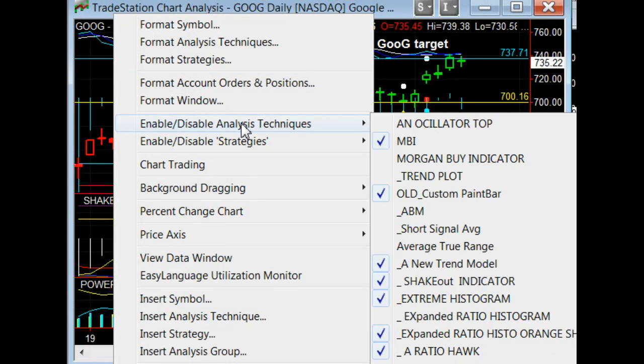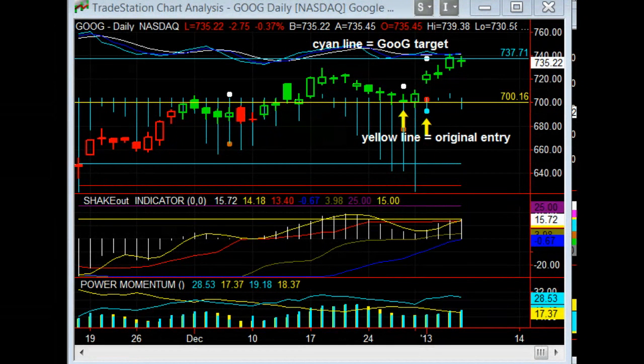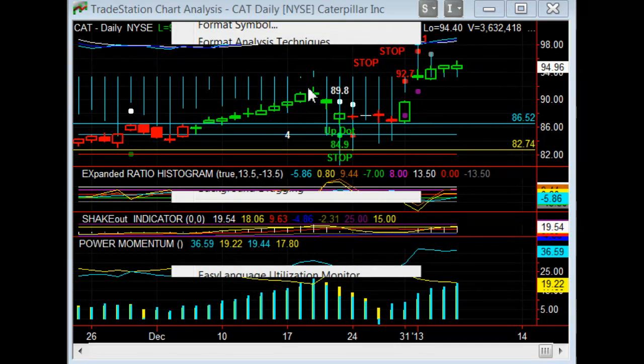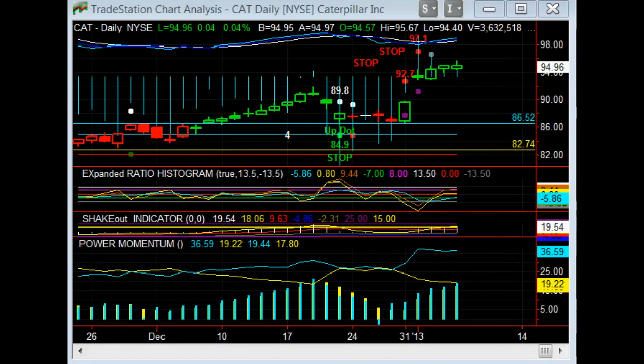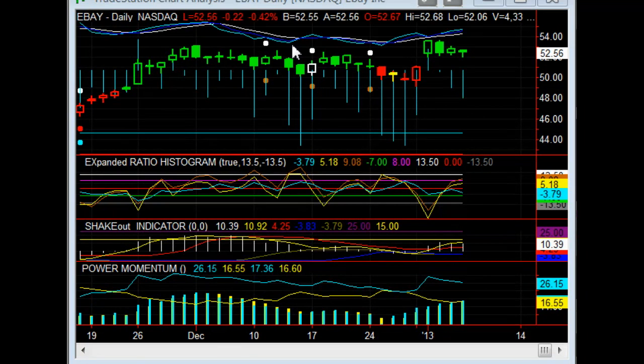Let me see if it's on this one. I may not have it on this chart. Figures I would not. I need to have a chart that has it. Oh my goodness, I know I put it on some charts Friday. Where are all those?